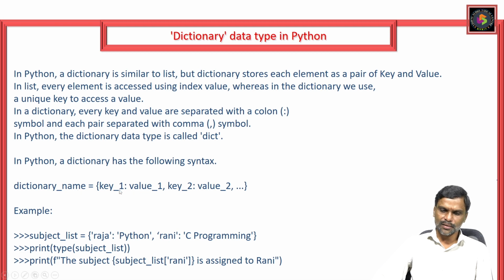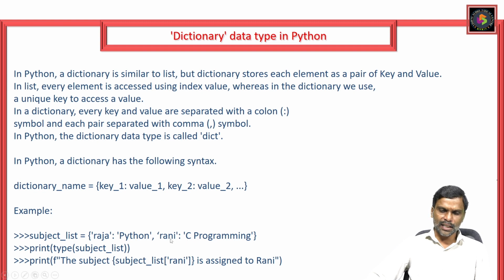Example, subject list: Raja, Python. So Raja is the key, Python is the value. Rani, colon, C programming. Rani is the key, C programming is the value. How can we understand? Because these are separated with a colon. That means key and value are separated by a colon, and each element is separated by a comma as in previous cases.